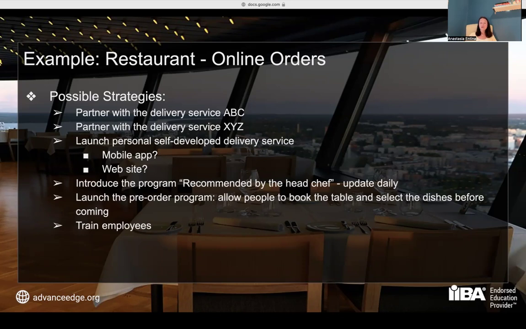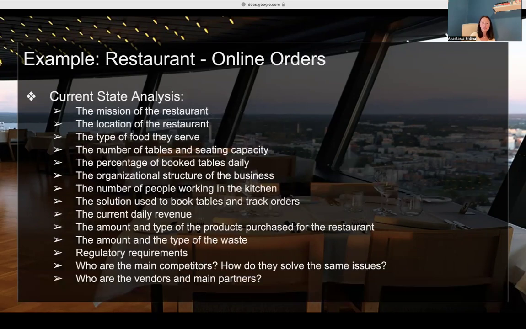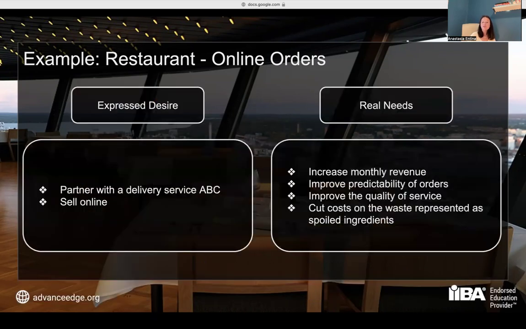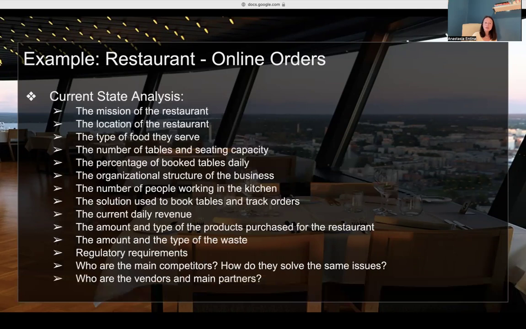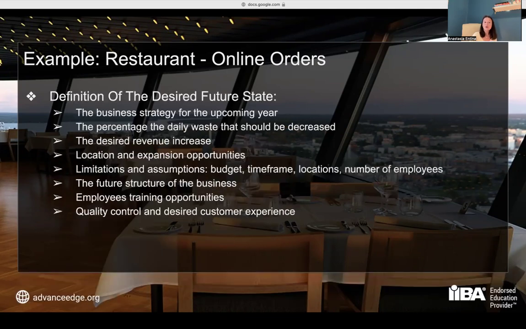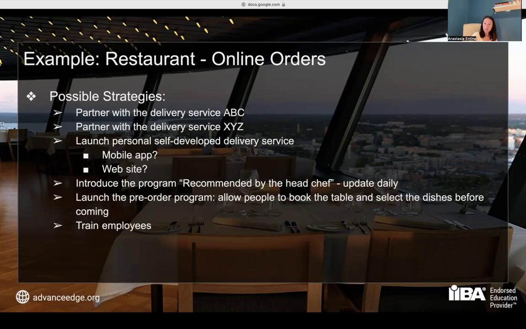We could also launch a self-developed delivery service, and also deal with that real need. Let's go back to the real needs: improve the predictability of orders and cut costs on the waste represented as spoiled ingredients. As business analysts, we see the strategy to improve this in improving the existing restaurant's website a little bit.